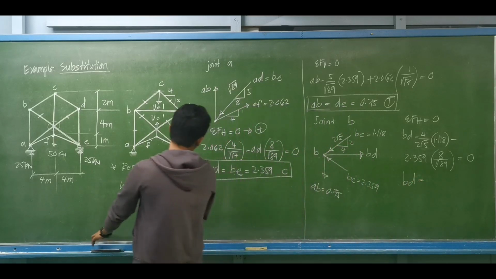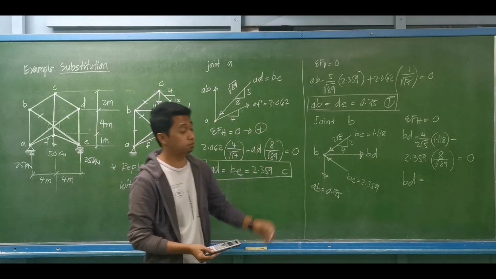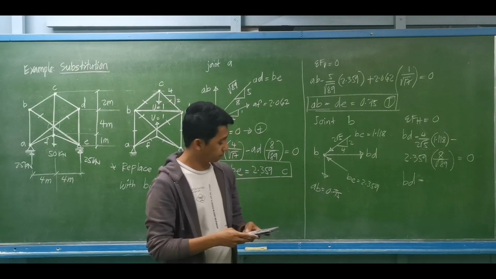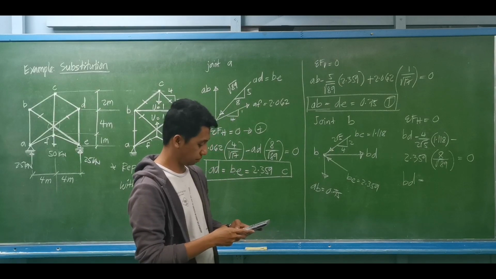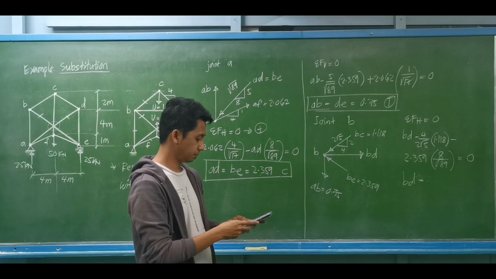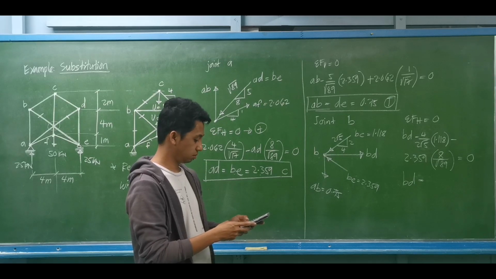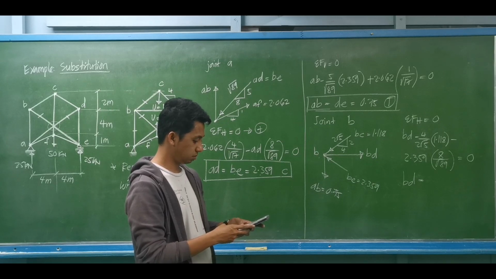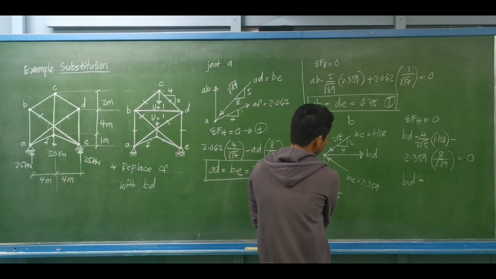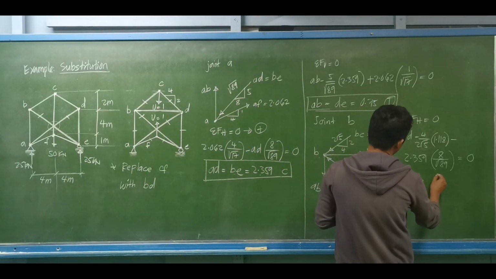So the bar force for member BD, the substitute member, due to the 1 unit load is equal to 3.000. So we may assume that this is 3.